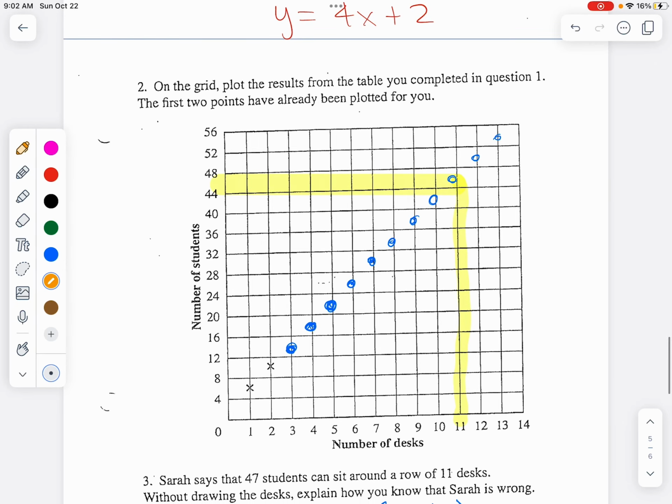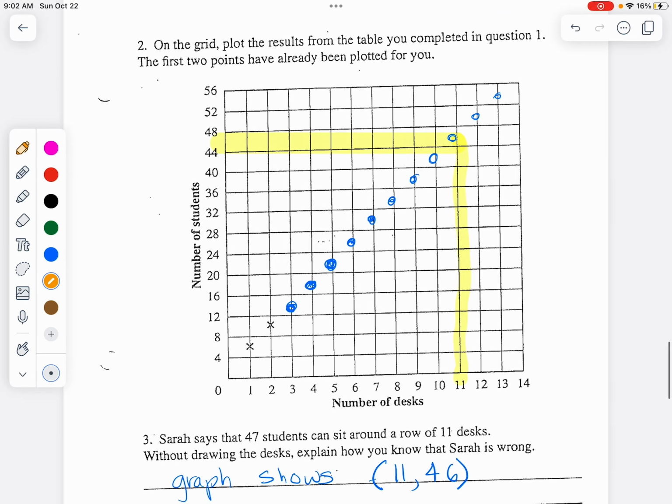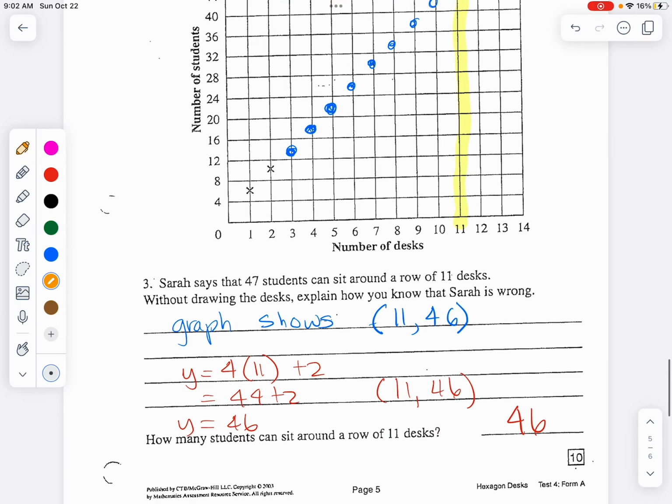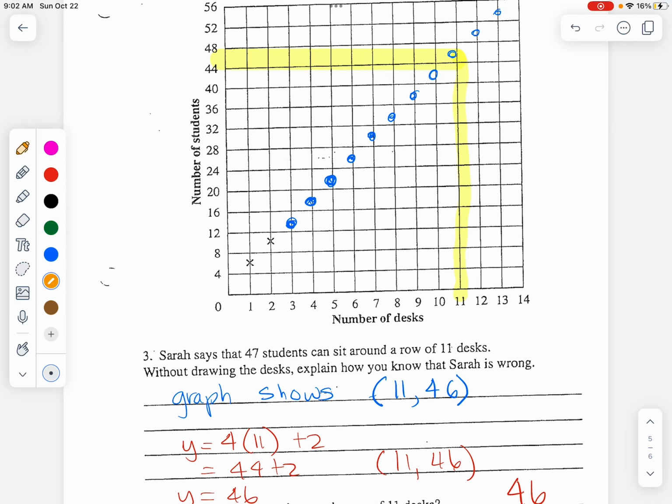Then it asks you a question. Sarah says that 47 students can sit around 11 desks. Without drawing them, explain if you know she's right or wrong. So the graph shows that at 11, there's 46, right? But maybe you're like, well, this graph is like in between points, so we're not absolutely sure.